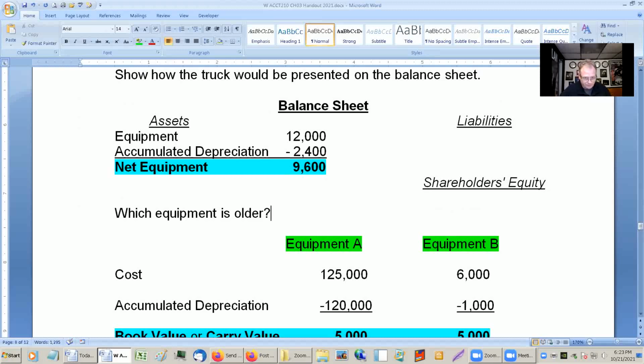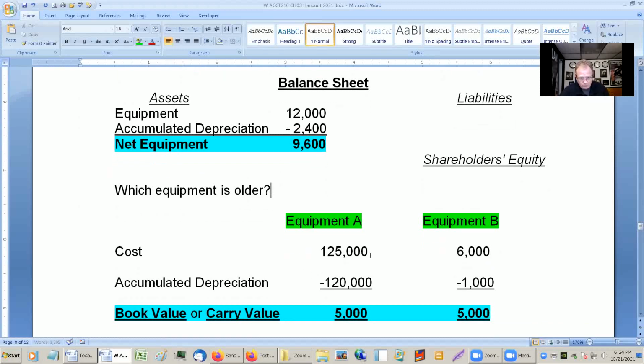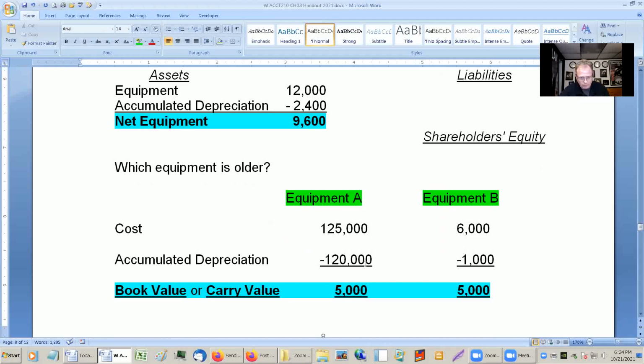Why? Because the value has depreciated so much more than B. Exactly. Almost this whole thing's depreciated. Whereas B, it's the same total value, but relative to 6,000, it's only gone down a little bit. It's only 1,000, but with A almost the whole thing is down.